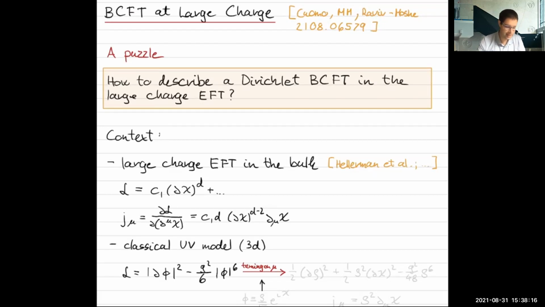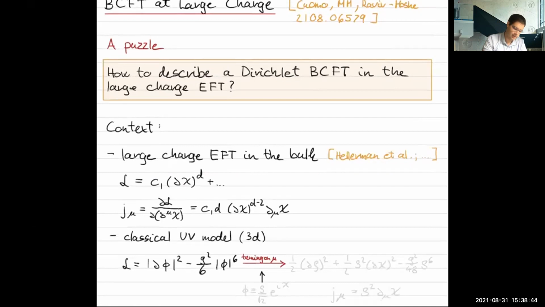So the puzzle is how to describe Dirichlet boundary conformal field theory in this large charge effective field theory approach. The context in which I'm asking this question is that we have learned that there is this nice large charge EFT in the bulk based on a constant degree of freedom chi.